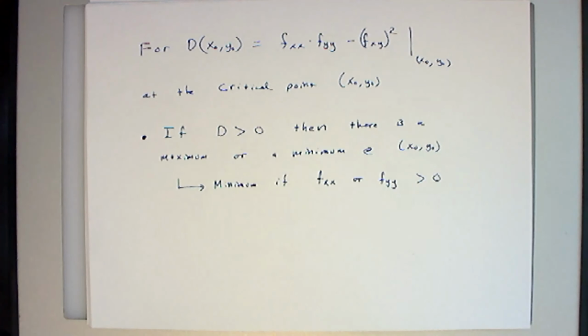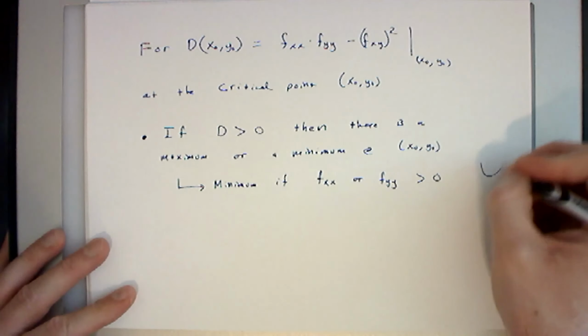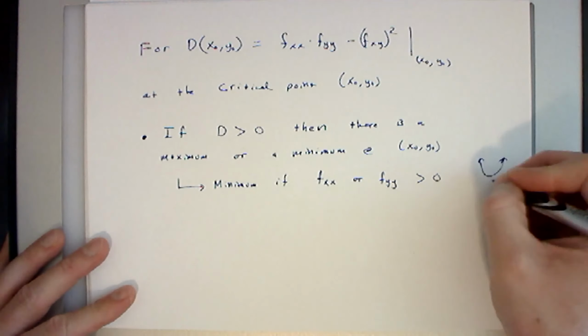Now I want you guys to think about this for a second. If I said fxx was greater than 0, or rephrasing, if I said the second derivative of a function was greater than 0, that would mean that the function was concave up. And if the function is concave up, we have a minimum at that critical point, right? If I have a critical point, it's got to be a minimum.